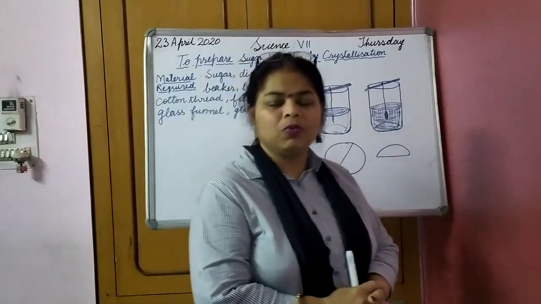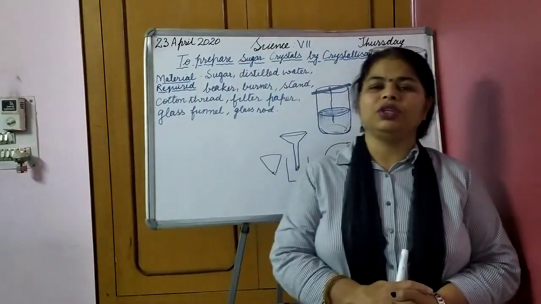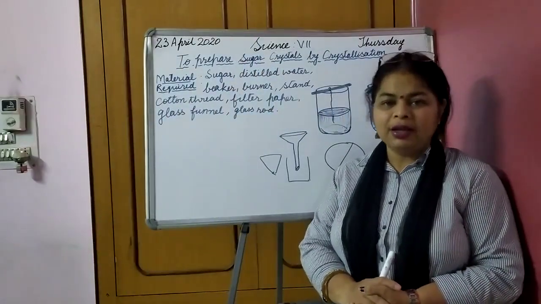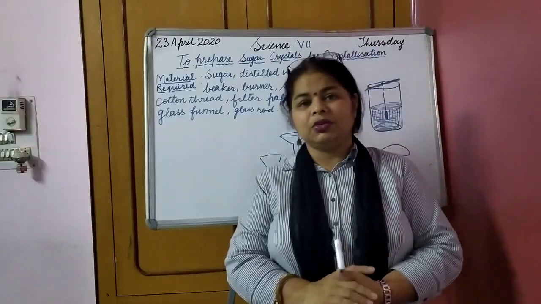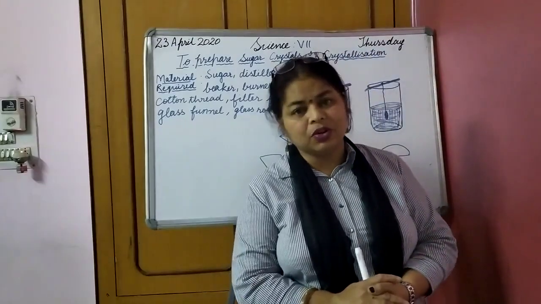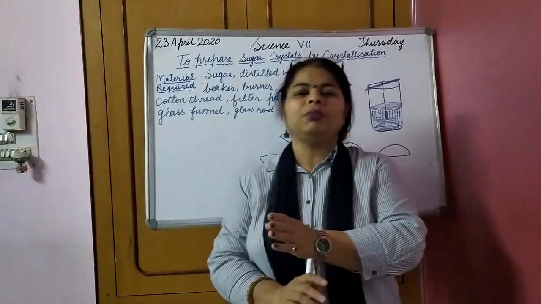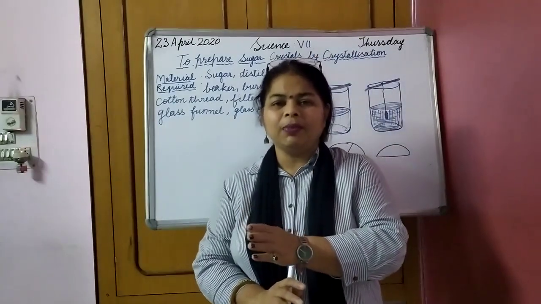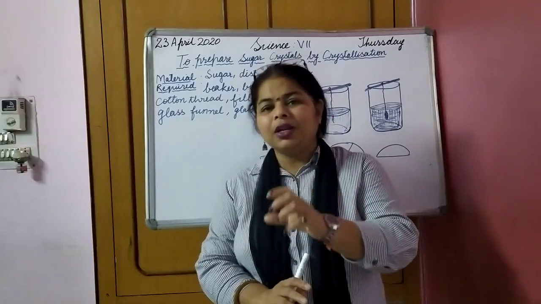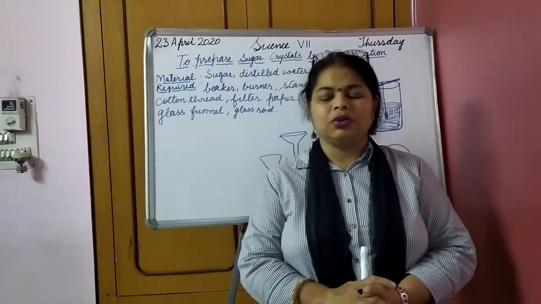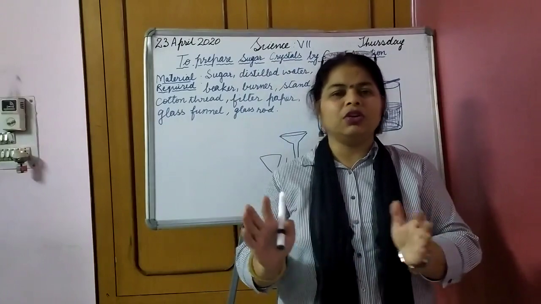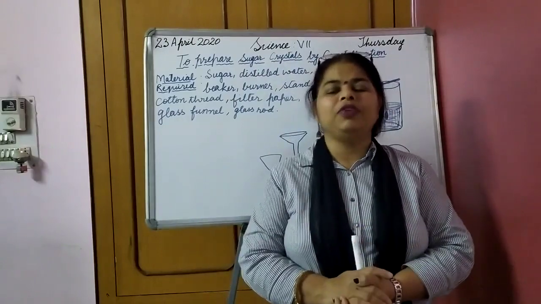A time will come when this boiling solution will also not dissolve any more sugar. At that time we remove it from the Bunsen burner or the flame, and we filter this solution, so that the things which are not required do not go into the filtrate.